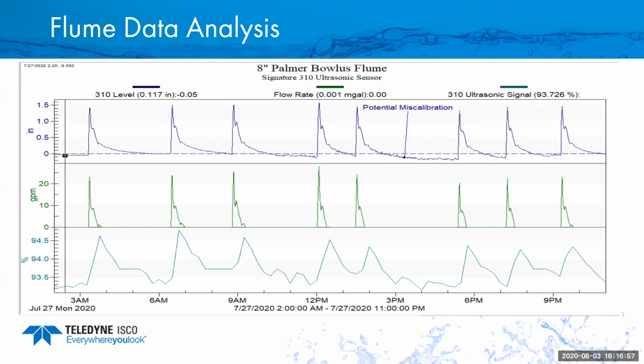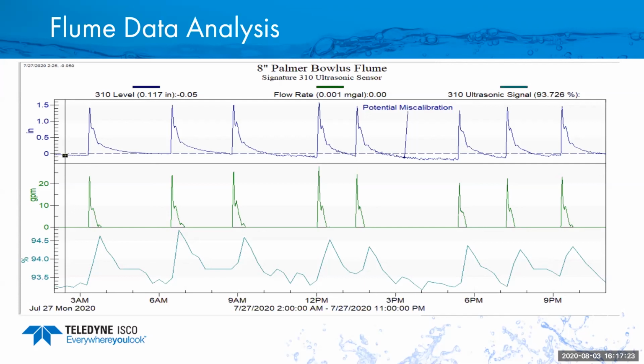However, as you see here in this data, as indicated by the level going below the dashed line, which is 0, we are going below 0 here. This could be an indication of a miscalibration.